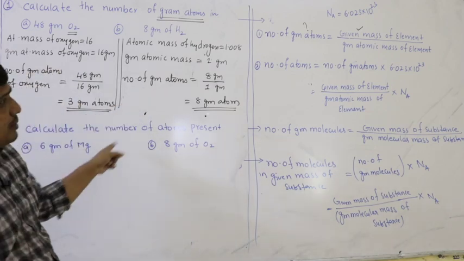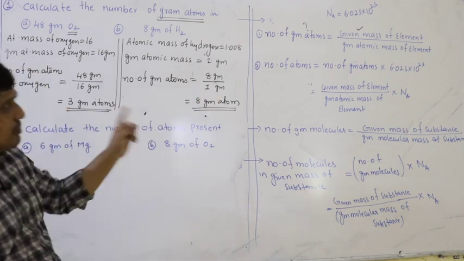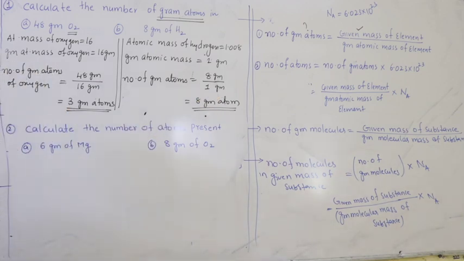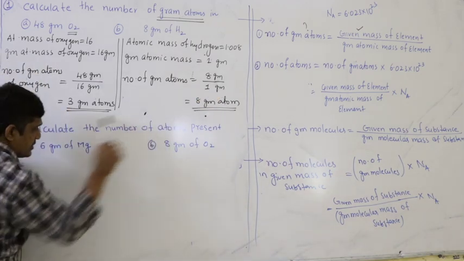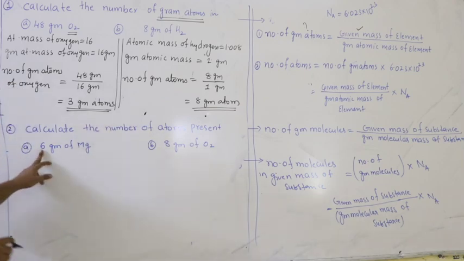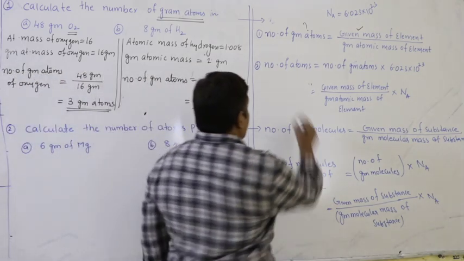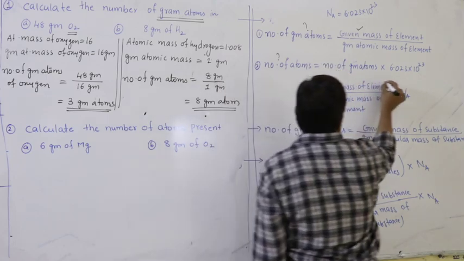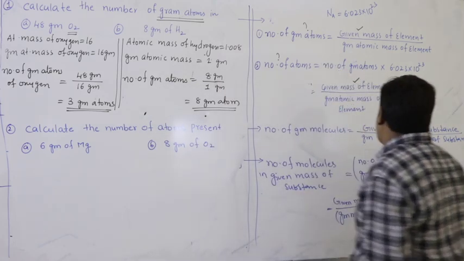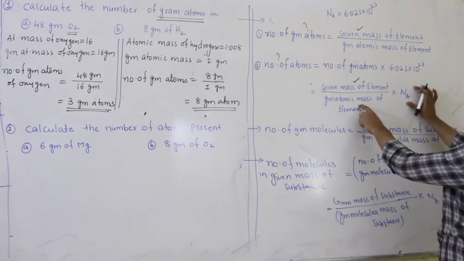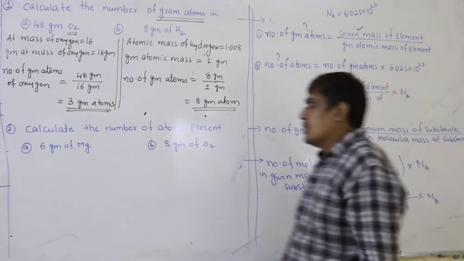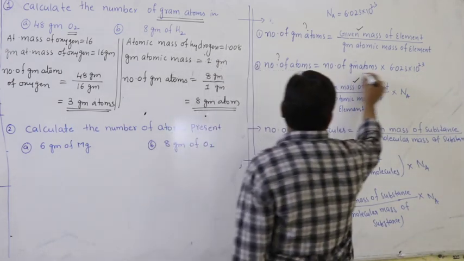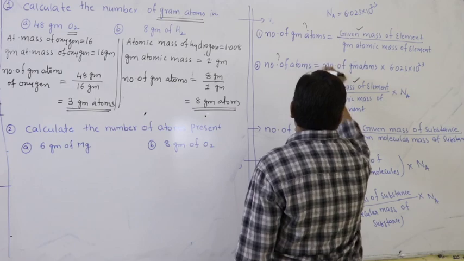So the next problems are based upon the next equation, number of atoms. Calculate the number of atoms present in 6 grams of magnesium. I cannot use this equation directly. To use this equation, I have to find the number of gram atoms.